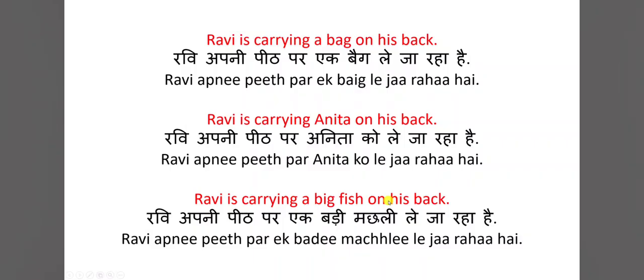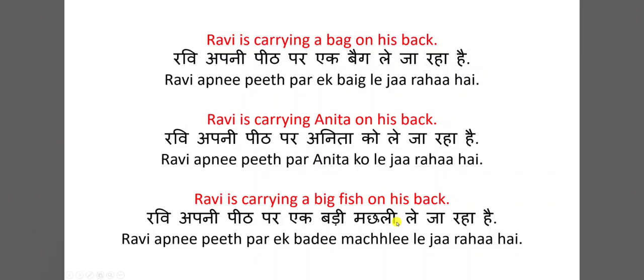Here in this sentence, the object is big fish. Big fish is an animate object, meaning it has life, but it is not human. When it is an animate object, ko needs to be added sometimes to the object.